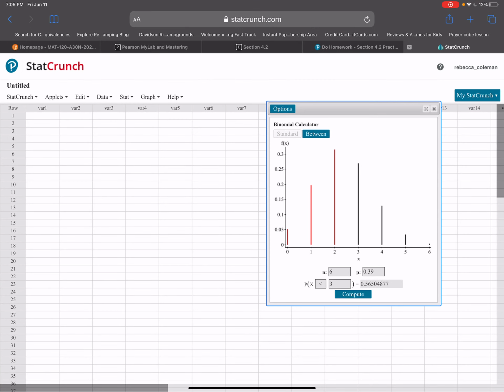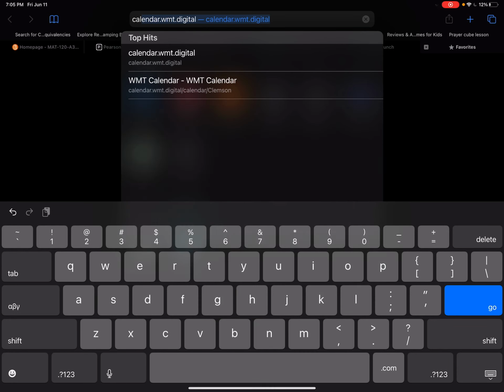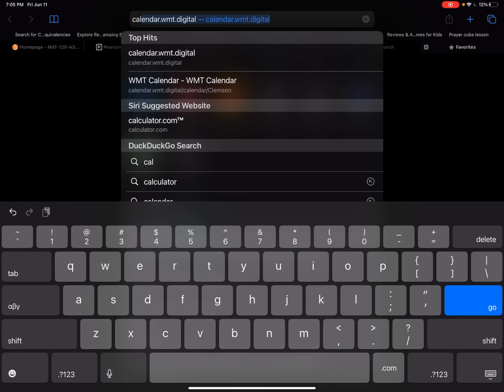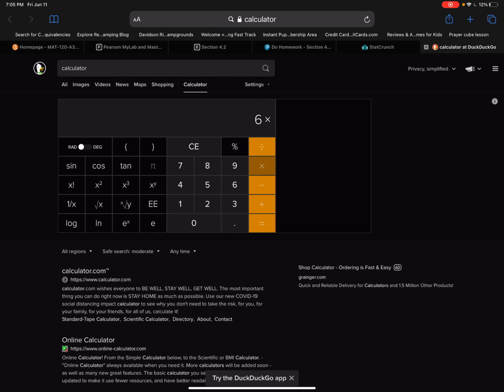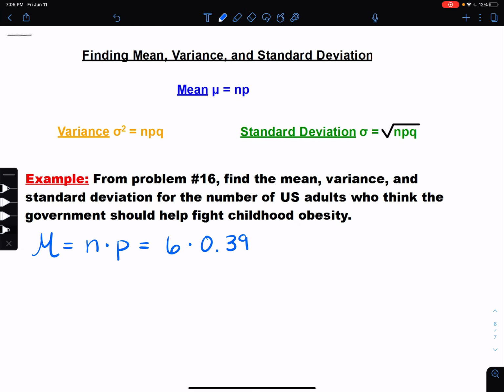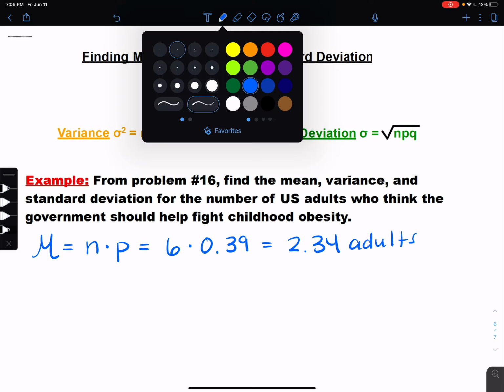All right, so if I just come over here and pull up a basic calculator, six trials times a 39% chance of success, that tells me I would expect 2.34 adults to say, yes, the government should help fight childhood obesity.